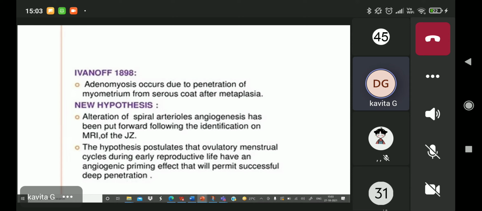Actually, they have an altered physiology, and because of that altered physiology, you have deposits that are going downwards. Why is this happening?